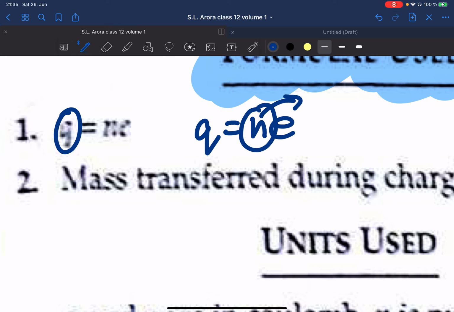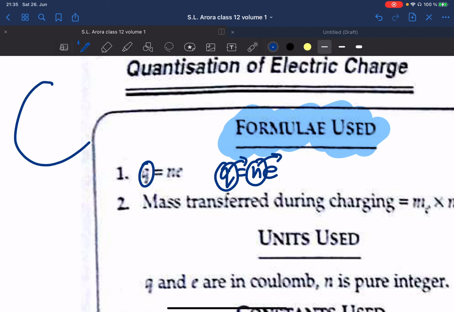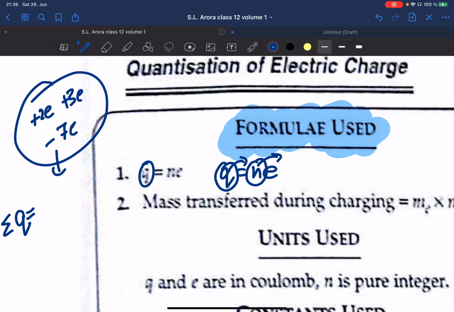For example, what is the charge on a body? Let's say this is a body which has charges plus 2e, 3e, and minus 7e, and we need to find the net Q. So what's sigma Q here? Sigma Q is the sum of ne.